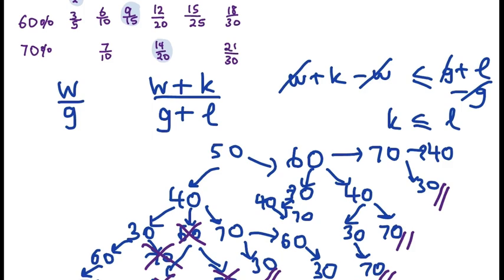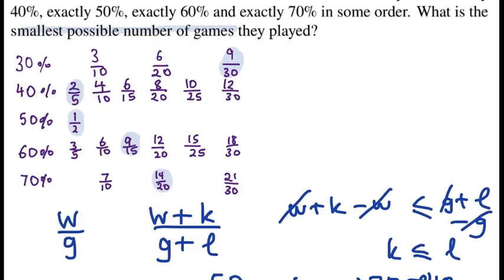Yeah, we can. We can choose the fraction 9/30 and that would be valid. So again, we've got 30 games. Therefore, the smallest possible number of games that they've played would be 30.